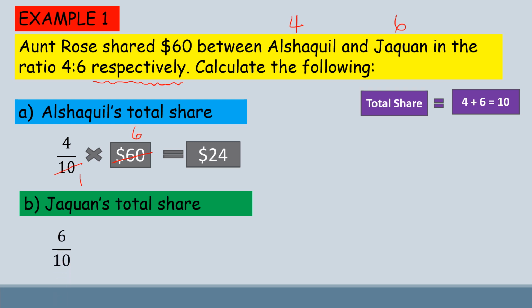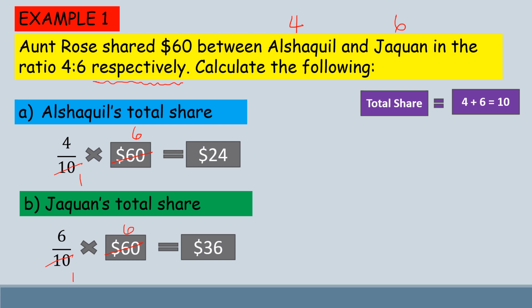Jaquan's total share. Remember, Jaquan is receiving 6 of the total 10 shares. We're going to multiply that by the total amount of money that is being shared. So 10 into 10 is 1, 10 into 60 is 6. So that's going to equal 6 times 6, $36.